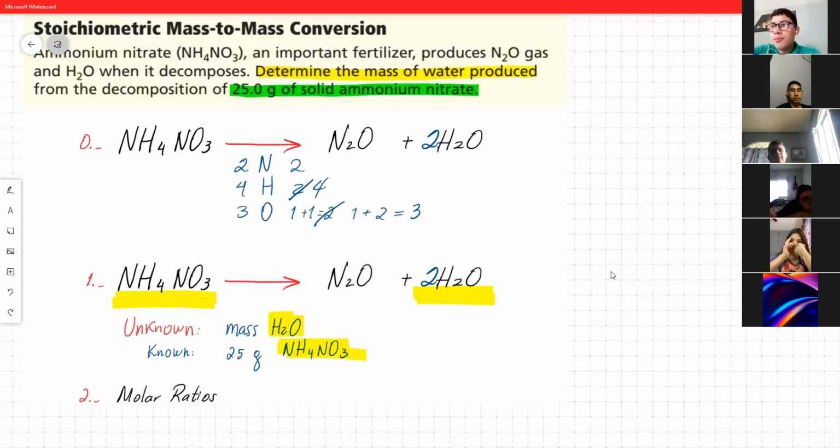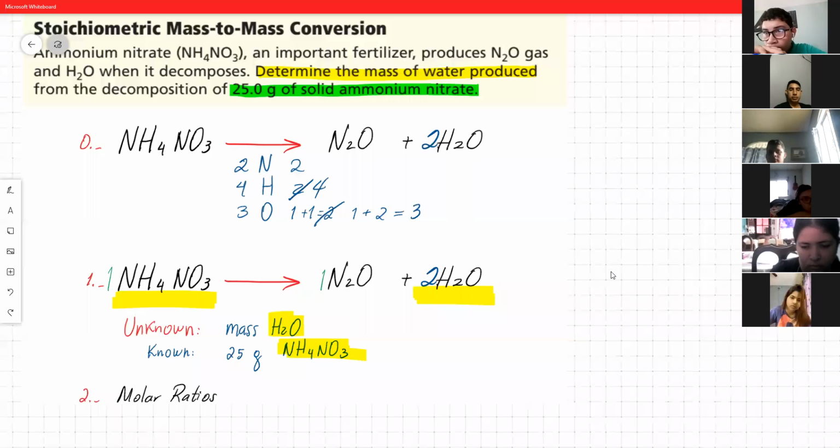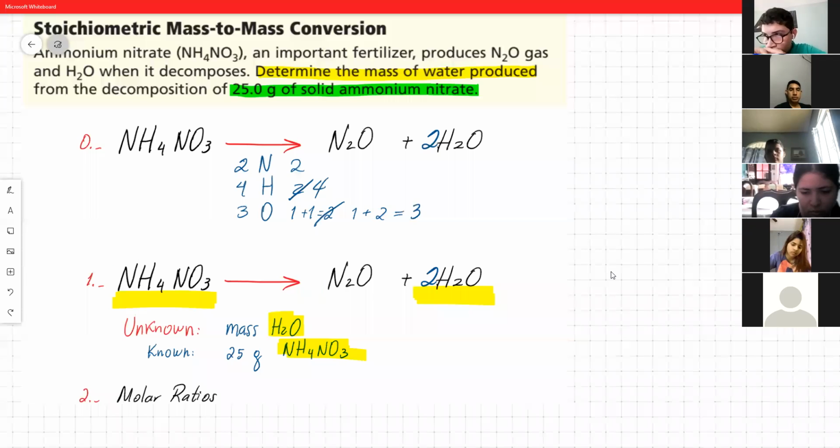So as I was saying, if you don't see a coefficient, it means that it's an invisible one. So I'm going to put it in green. One right there and the other invisible one over there. Okay? Because remember, this is useful for mole ratios. 1 and 1.